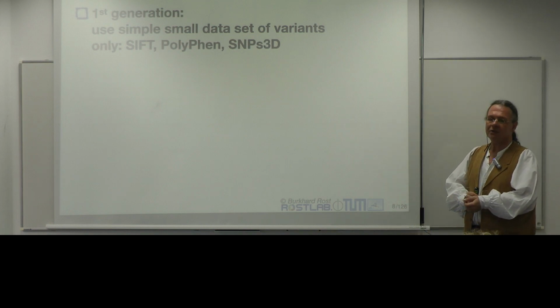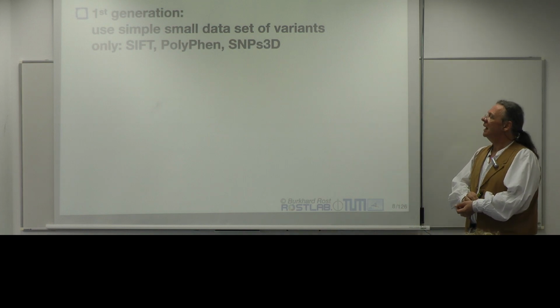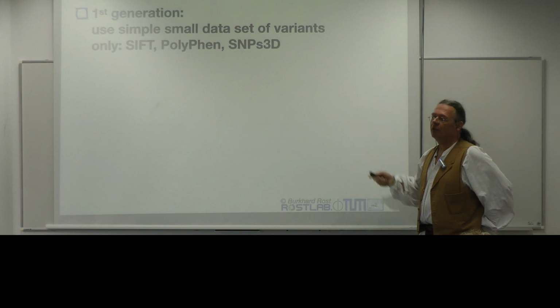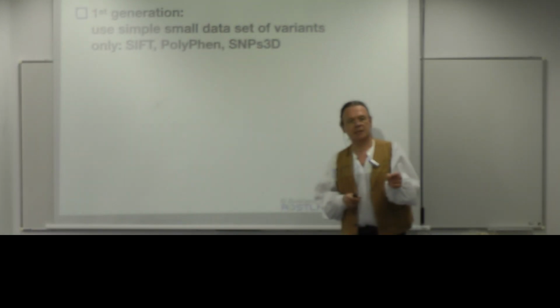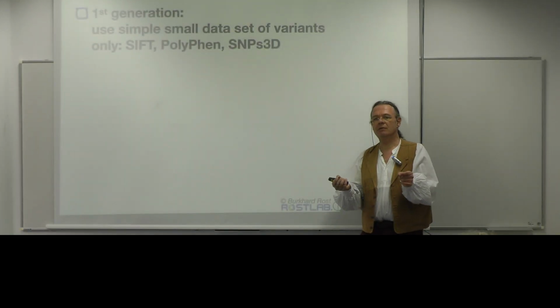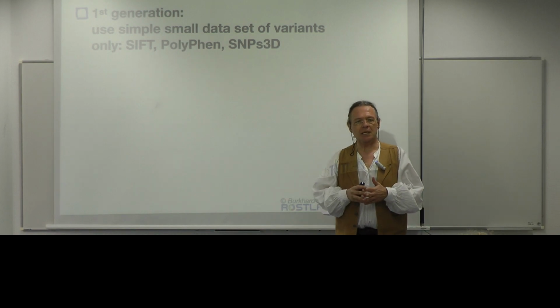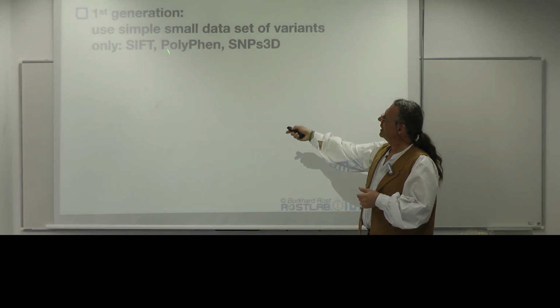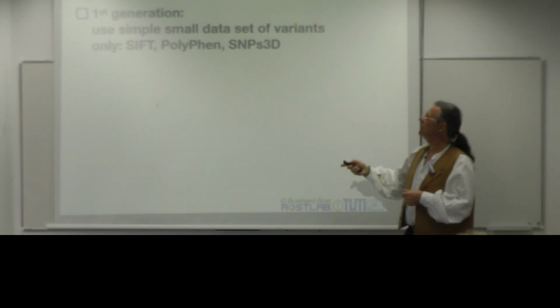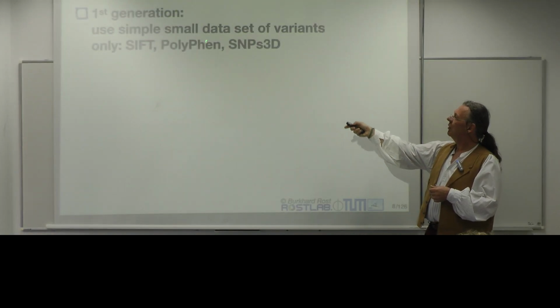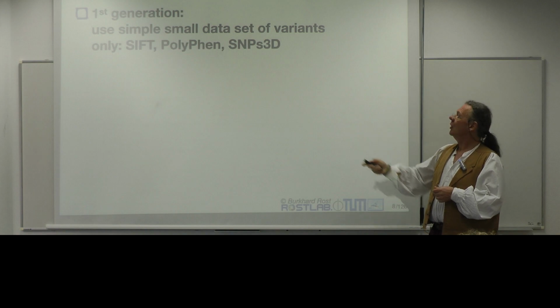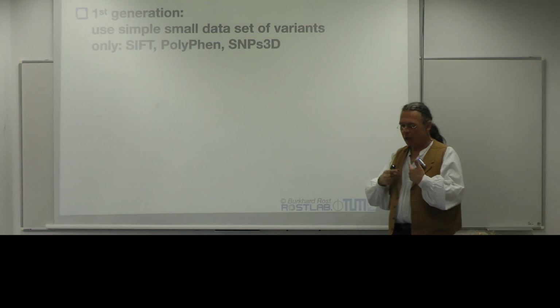The first generation methods were those that simply looked at the overall degree to which a residue that is changed, so a variant, aligns with what you expect from biophysical background features: SIFT using the Blosum matrix, or a particular alignment, PolyPhen, or by looking also at the structure.